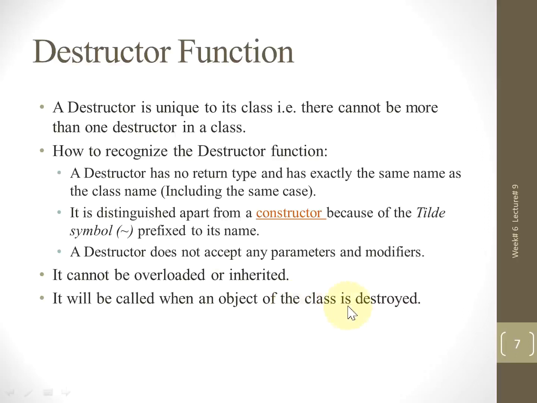This function will be called automatically when an object finishes all its duties. So at the end of the main function, there is no need for the objects, so the object must be destroyed. The destructor function is called, and it cleans the object.